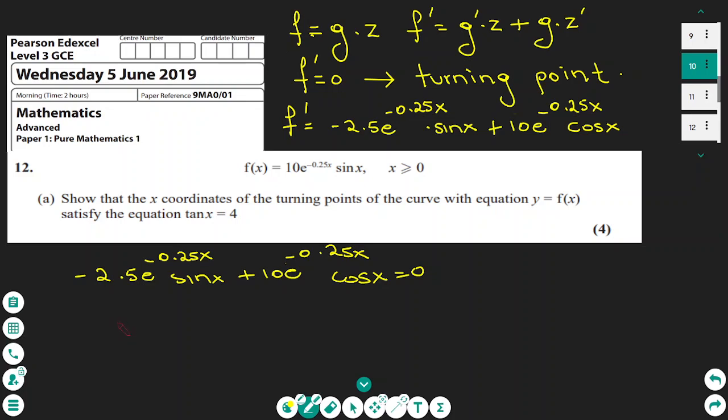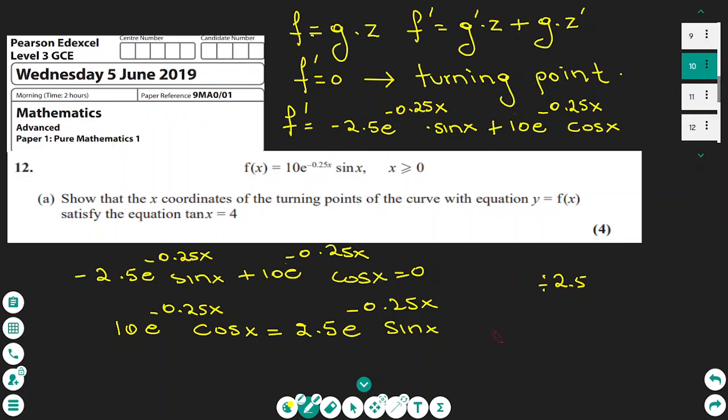We rearrange it as follows and divide both sides by cos x and also by 2.5, and the exponential cancels out.